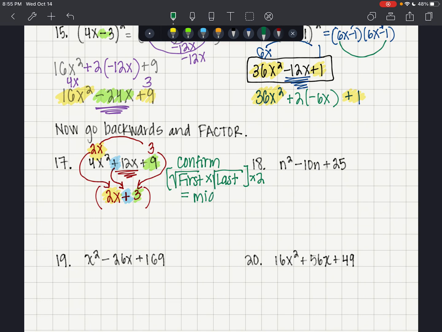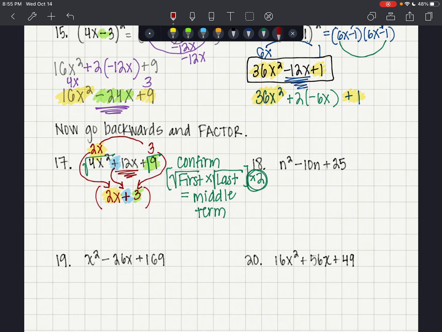That's what I want to say. The square root of the first times the square root of the last: 2x times 3 multiplied by 2 is equal to the middle term. Okay, so let's try that.